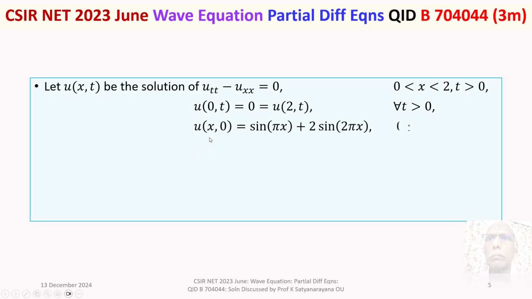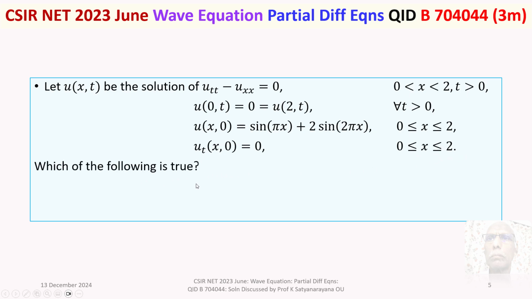And u at x comma 0 is sin pi x plus 2 sin 2 pi x, 0 less than or equal to x less than or equal to 2. u_t, that is the partial derivative of u with respect to t at x comma 0, is 0, 0 less than or equal to x less than or equal to 2. Which of the following is true?